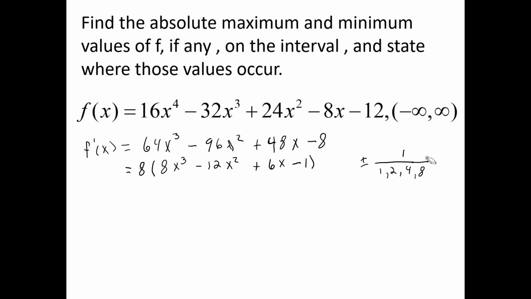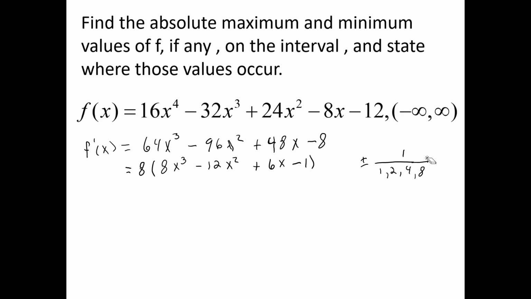But rather than plugging those in by hand, what we can do is go to our calculator and put in 8x cubed minus 12x squared plus 6x minus 1. Notice that our zeros have to be between -1 and 1.